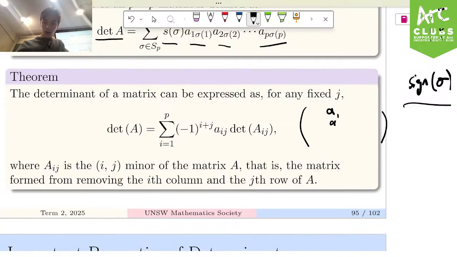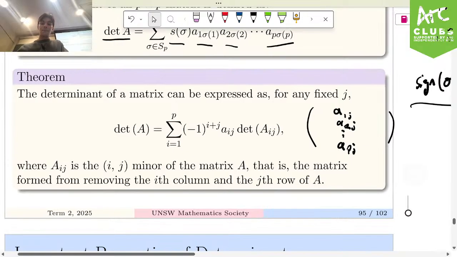So A1j, A2j, up to Apj, right? You can expand along that column or row, right?